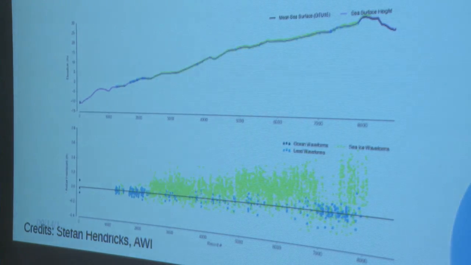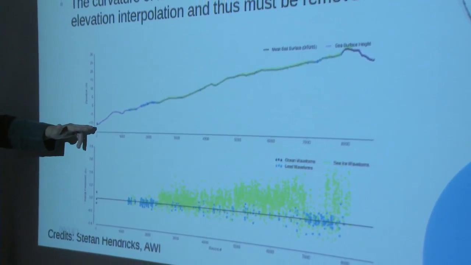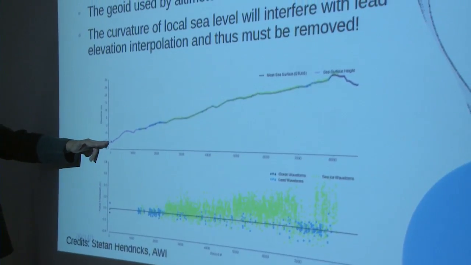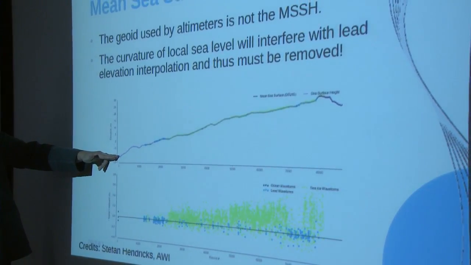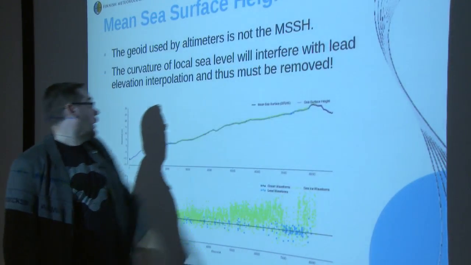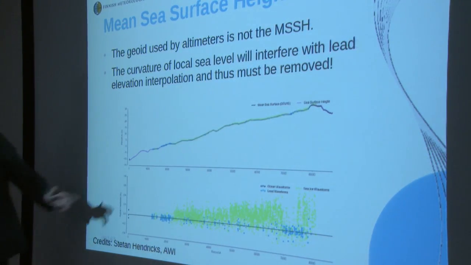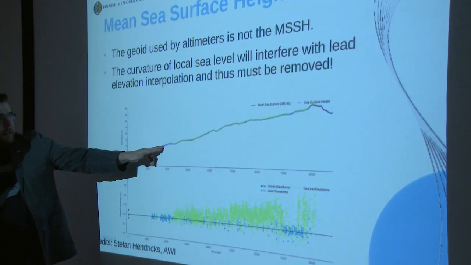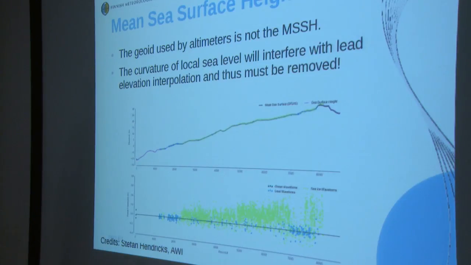So if we just take the elevation we have measured with CryoSat in reference to the ellipsoid once again, we go from minus 10 meters close to the Russian coast in Siberia, and when we go close to Greenland, we are in the ballpark of plus 20 meters. These wrinkles in these areas, for example, here where we have curvature, will mess up the local sea surface height interpolation.